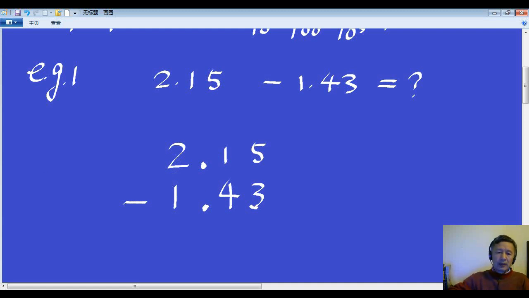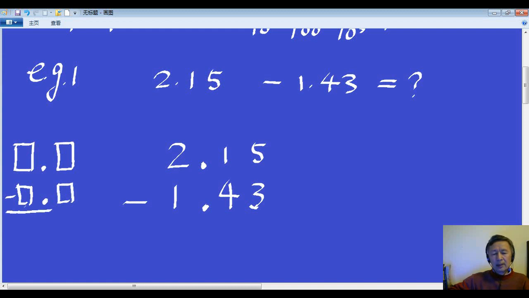Okay, or if I just draw the boxes here, so if you still don't understand what I'm talking about, you have to make sure that if you have two numbers, when you do subtraction, you have to make alignment. The numbers will be written in this way so that each place is vertically aligned.